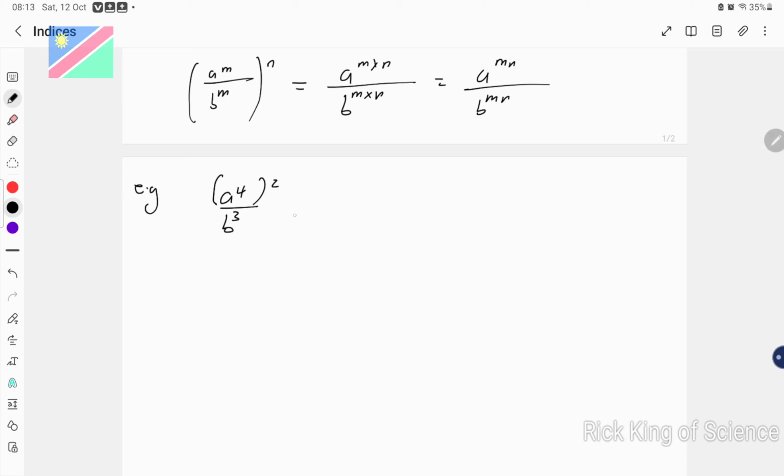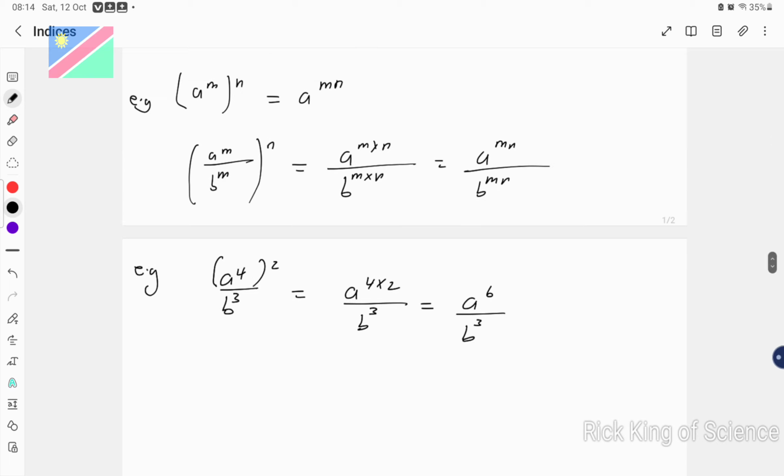So your answer will just be a power 4 times 2 over b power 3, which gives me a power 8 over b power 3. So removing the bracket will always mean times. Don't forget that.